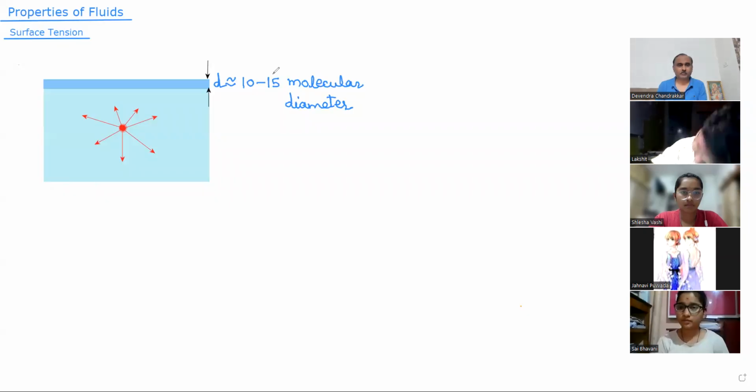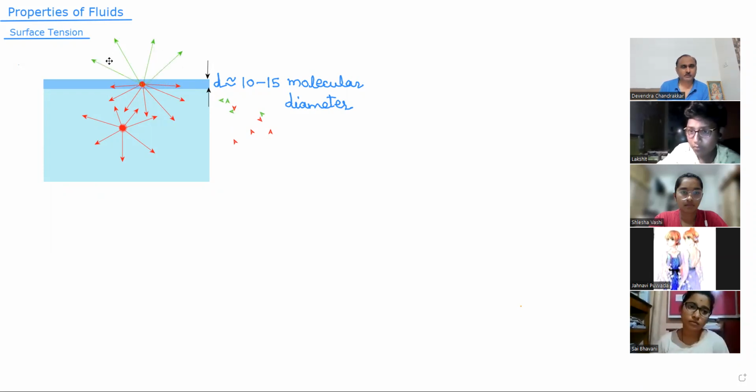Now, if we take a molecule on the surface of the fluid, what will happen to this molecule? Its neighboring molecules in the liquid will be attracting it, but the molecules of air will also try to pull it towards them.